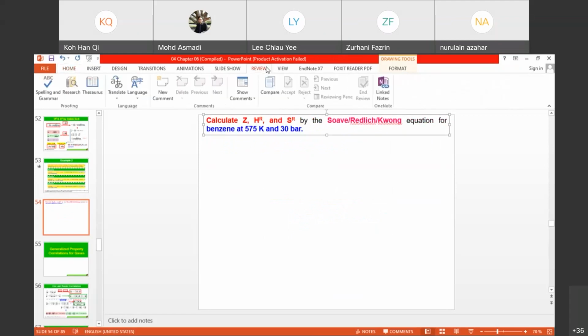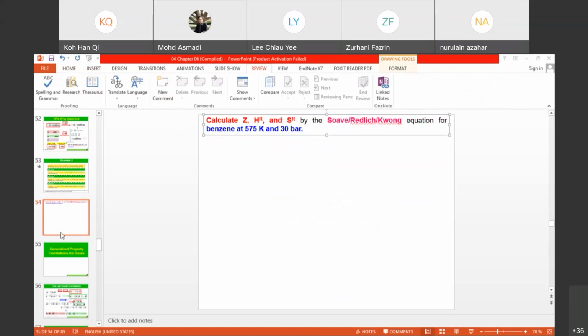First thing is, of course, you have to refer to table 3.1 and to determine the epsilon, sigma, and so on.